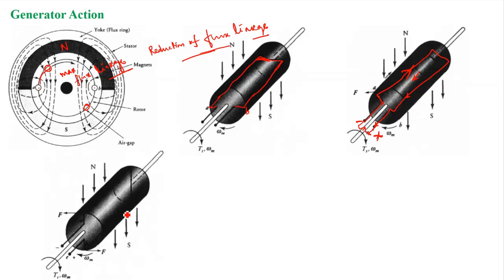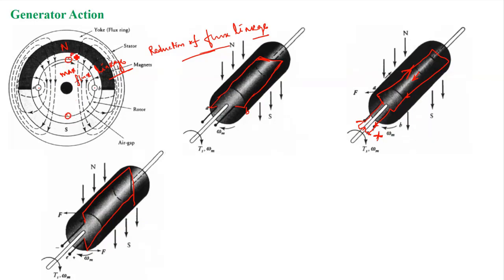So now your coil has moved 90 degrees, right? So here is your coil, right? Okay. So now if it is rotated here in this fashion, suppose it moved to this point.